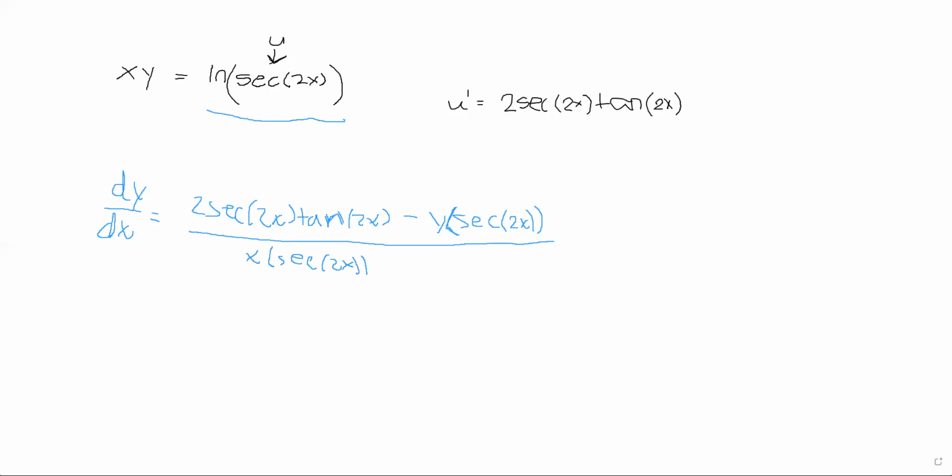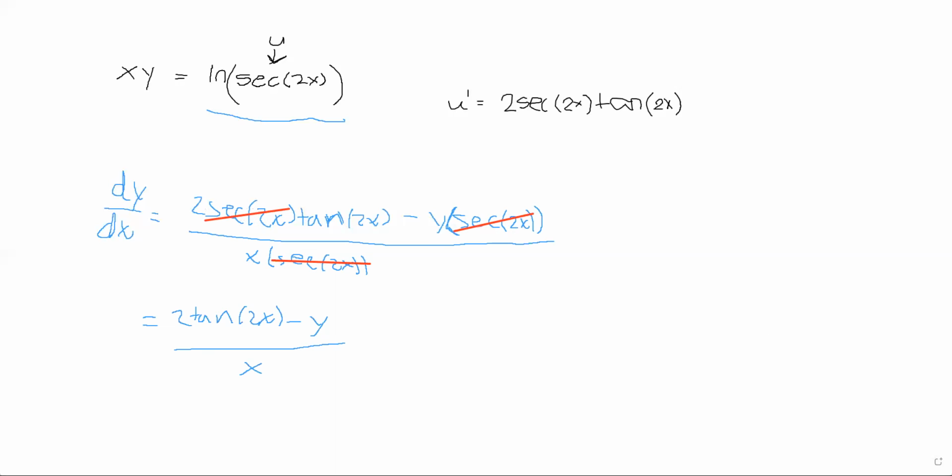There's just one thing we can do real quick to simplify it. Do you see an opportunity? Yeah, we'd have to factor out the secant 2x. Yep, but you did the problem correctly. You got the correct answer, so nice work. Yeah, that's a much nicer, cleaner answer.